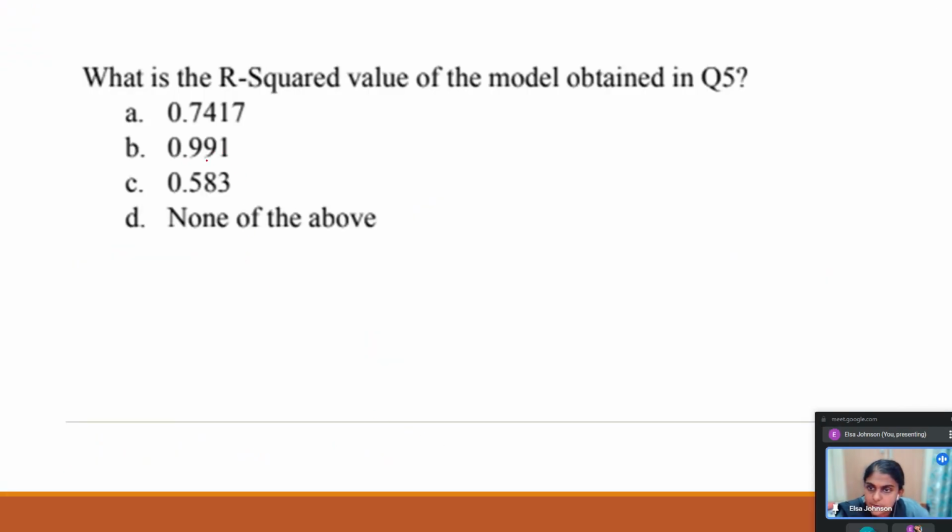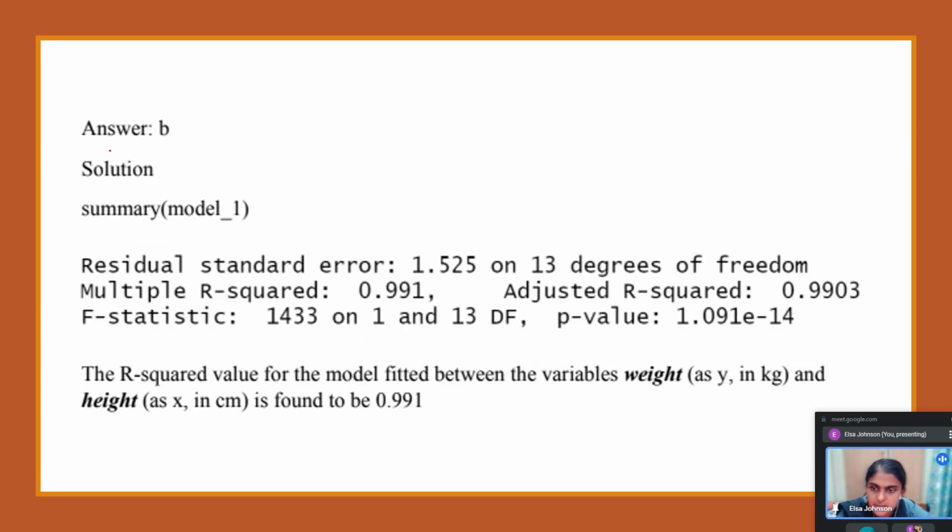So 0.991 is the answer. The snip from RStudio is given here. The R squared value for the model fitted between weight as y in kg and height as x in centimeters is found to be 0.991.